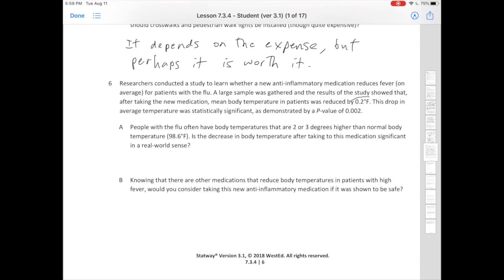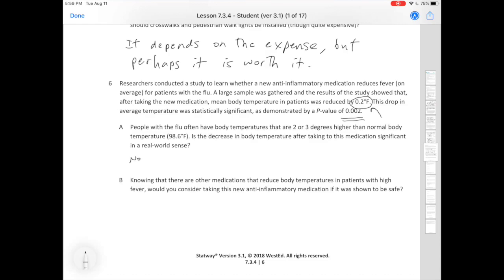So the key here is that it only reduced by 0.2 degrees Fahrenheit. Now, what about this really low p-value? Because we know that means something is significant, but that just means it's statistically significant. In other words, that really low p-value means this medicine is definitely working. However, it's only working by this much, right?